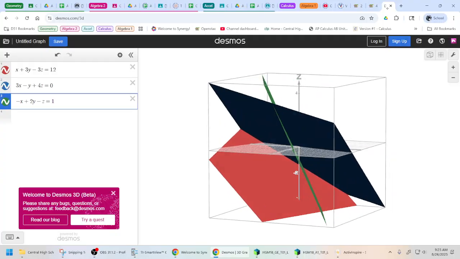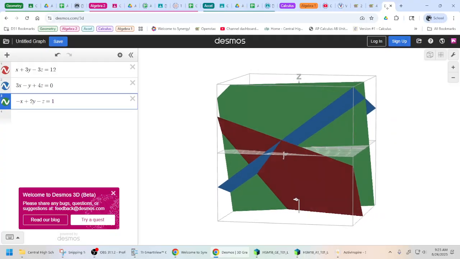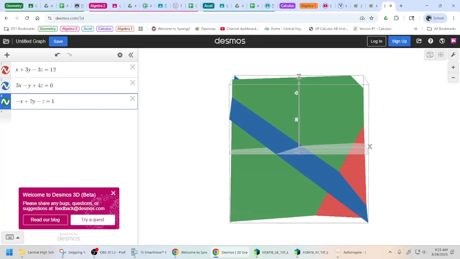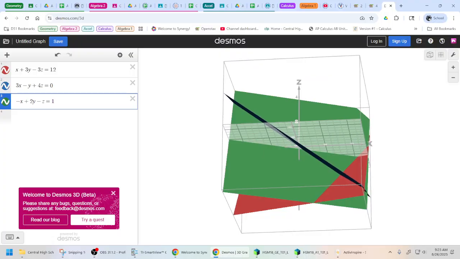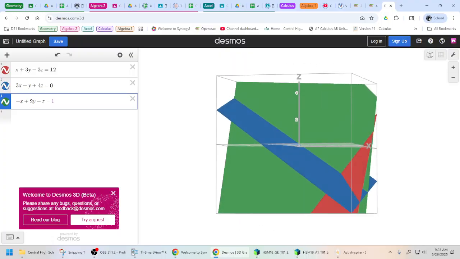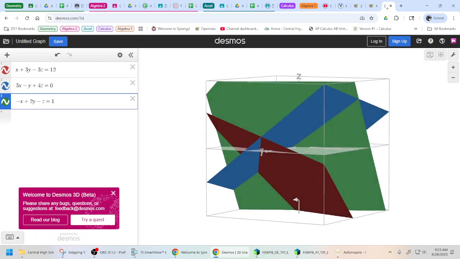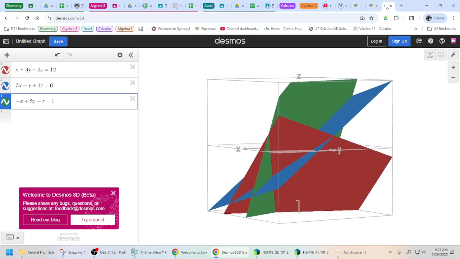Okay, what are we looking for to find the solution of all three of these? Yeah, we need to get all of them to cross at one point. So I see blue and green. Where's my red one? Right there. Yeah. I'm seeing it right there, maybe?